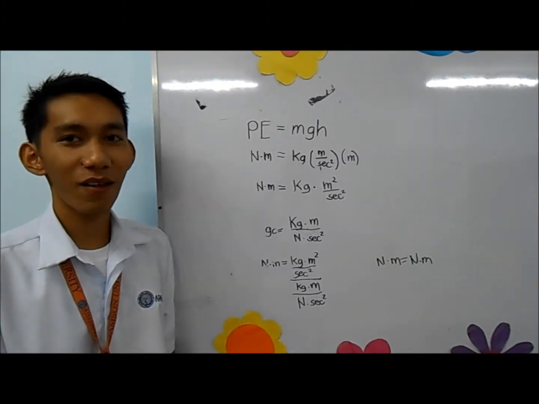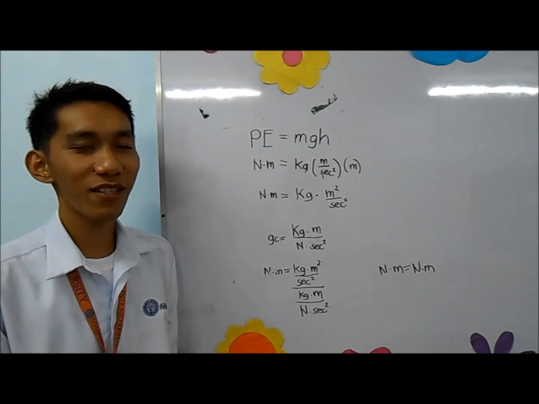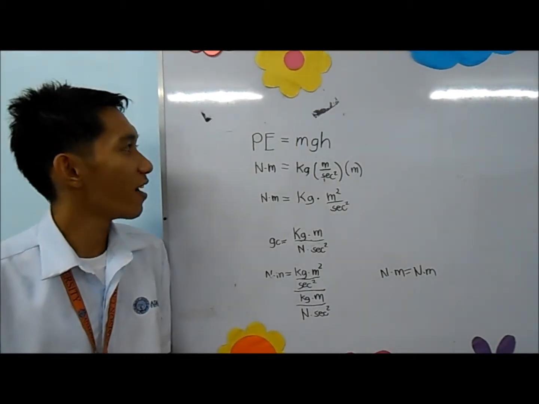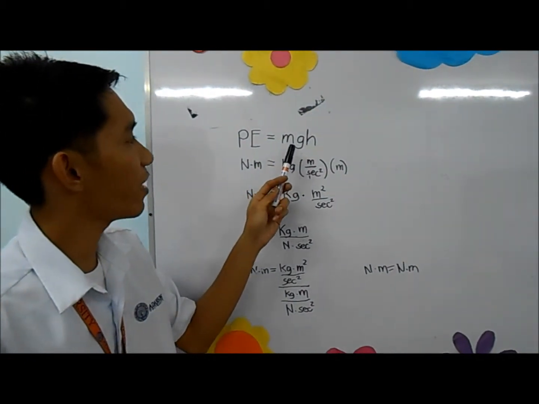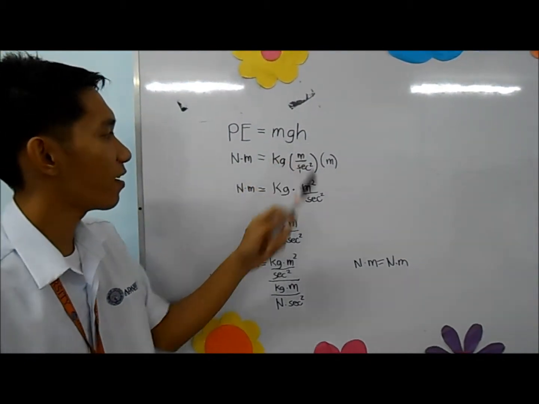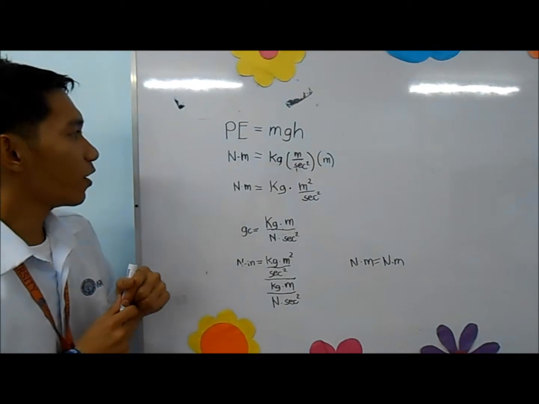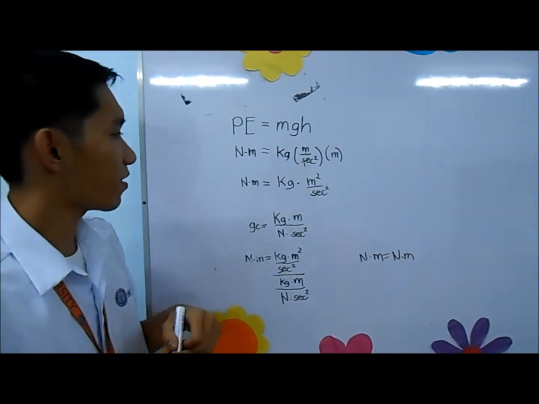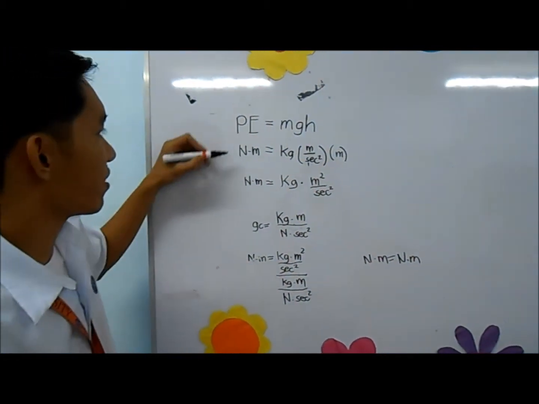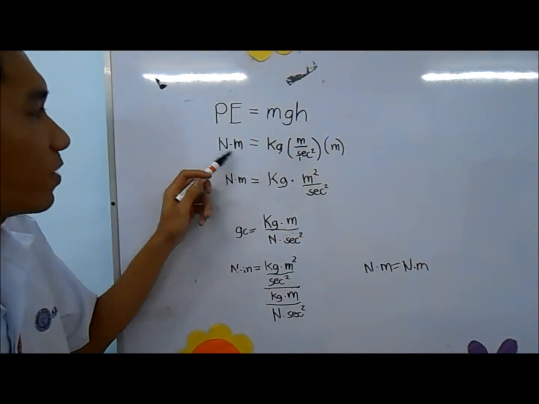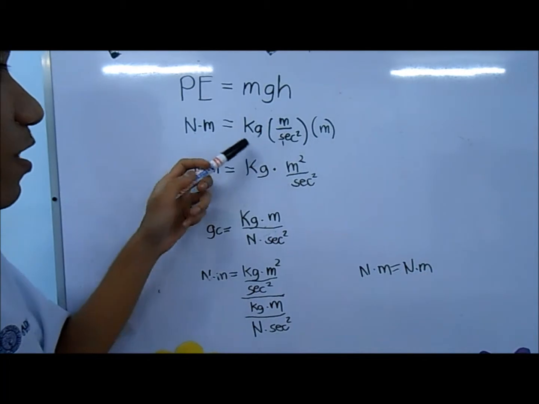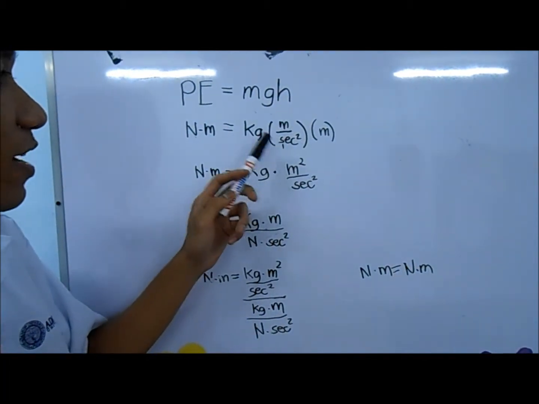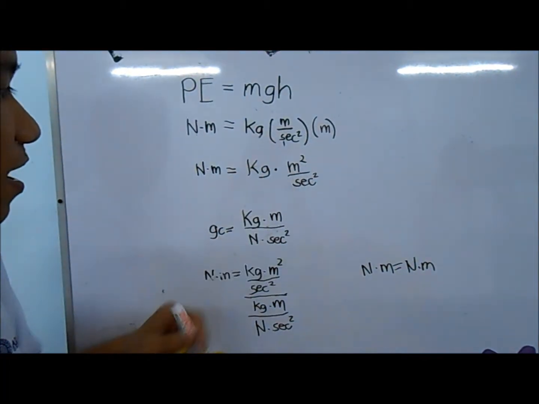There's one more example of a not dimensionally consistent equation. The potential energy is equal to mass times the gravitational acceleration times the height. And we know that the potential energy's unit is Newton times meter, and the other unit is kilogram meter per second squared times meter.